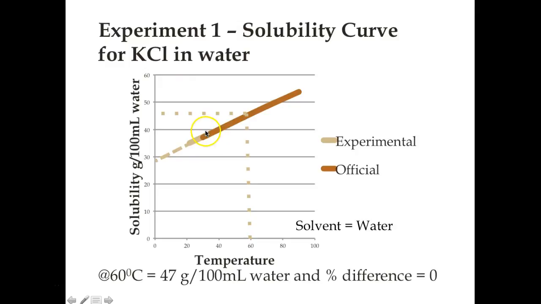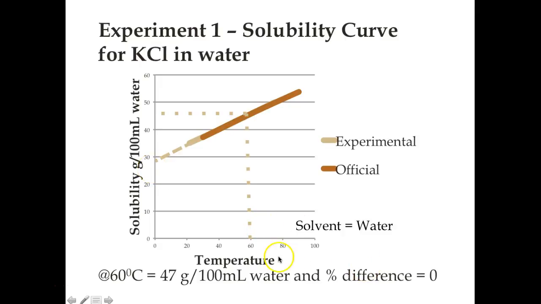If I extend this line to cut the y-axis at 0 degrees centigrade, the y-axis will indicate the intercept. This seems to be around 29 grams of KCl per 100 mL of water.